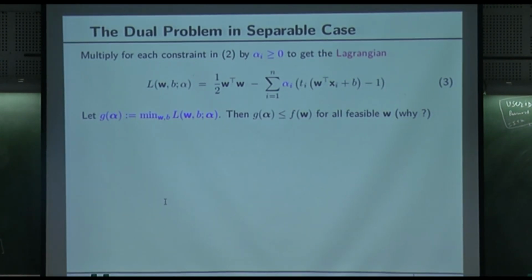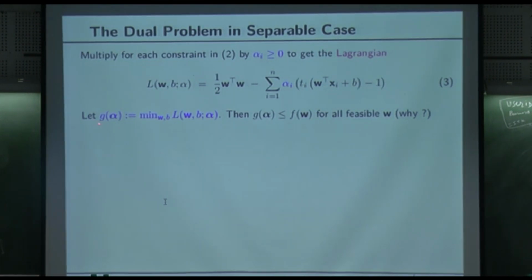Here's what we're going to do. In order to construct the dual problem, I'm going to construct a Lagrangian. The way we construct the Lagrangian is we take the objective function and multiply all the constraints that I had, Ti(W transpose X plus B) minus 1, by alpha i, the dual multipliers. I'm going to restrict the dual multipliers to be greater than or equal to 0, and construct this Lagrangian.